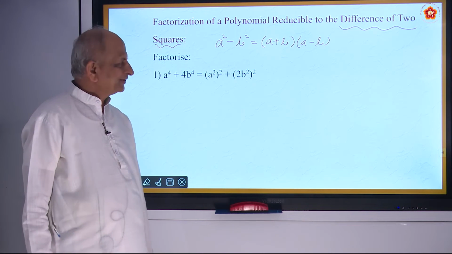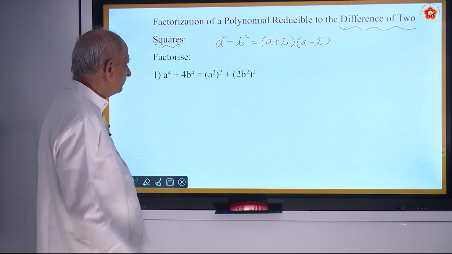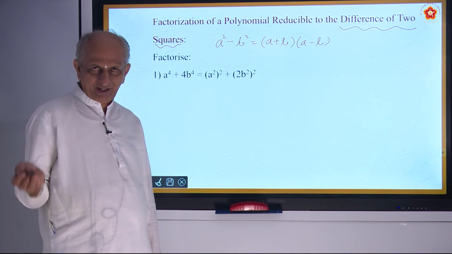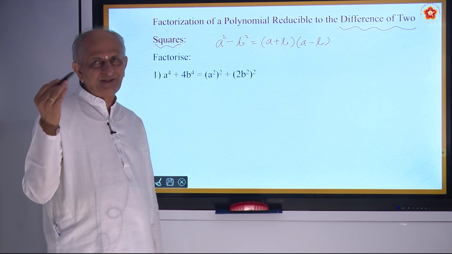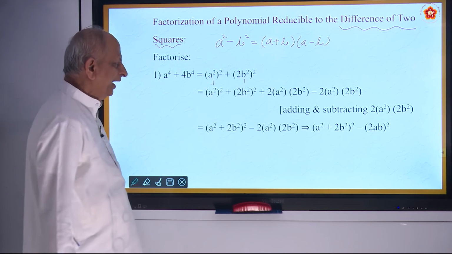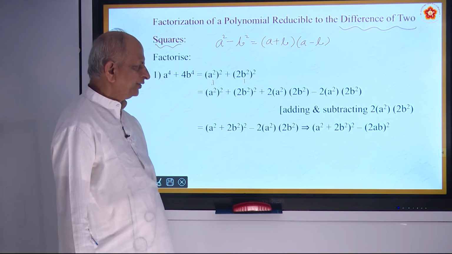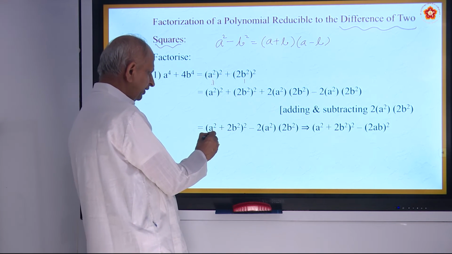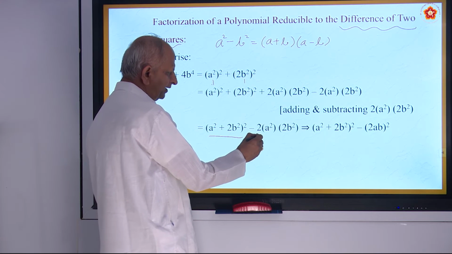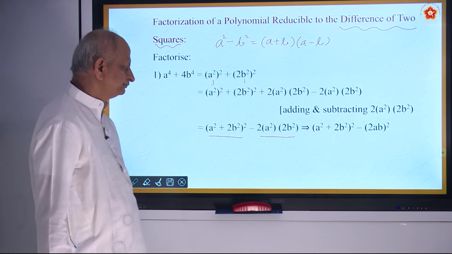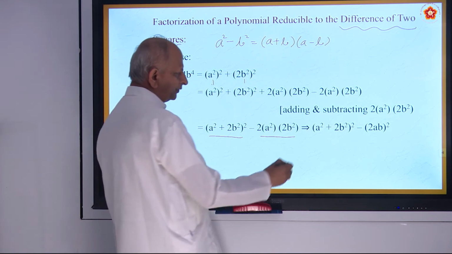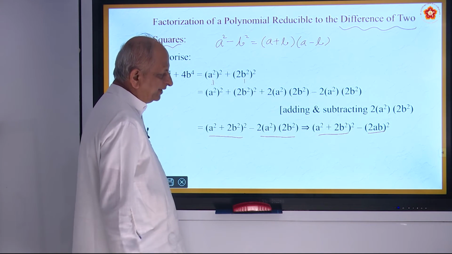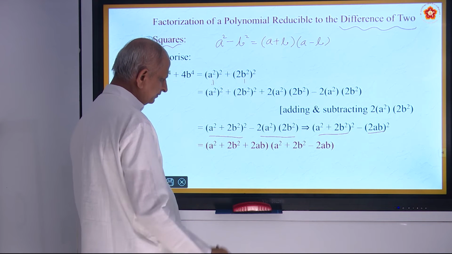Correct? So like that you have to bring it now. How to bring it? For that you have to add something, and the same thing you have to subtract also. So adding and subtracting 4a squared b squared. So you get a squared minus b squared formula. What is a squared minus b squared? (a plus b) into (a minus b).